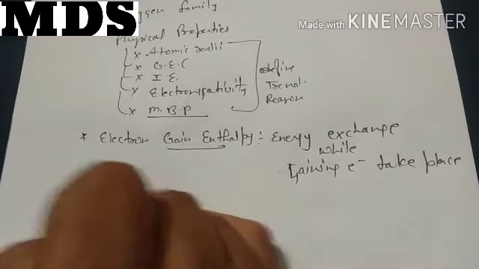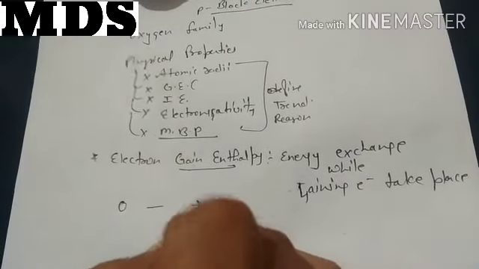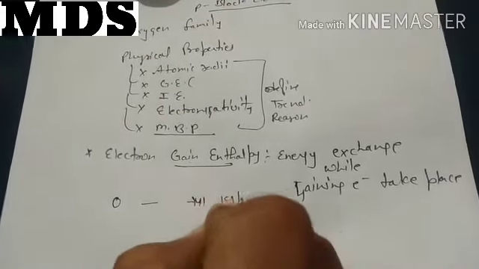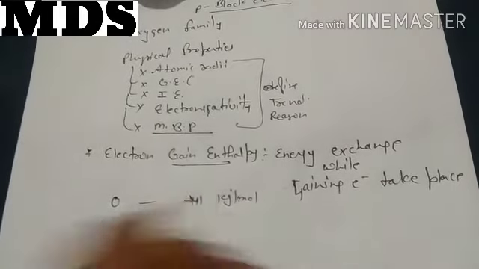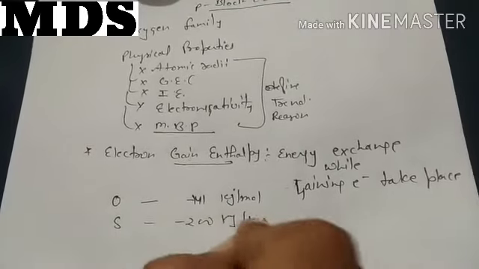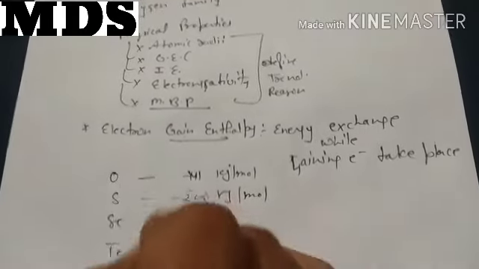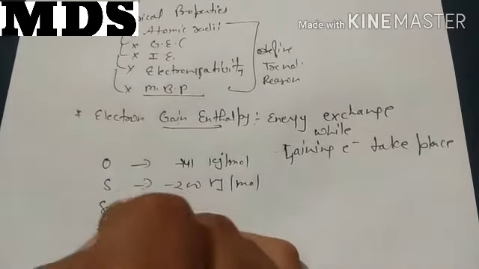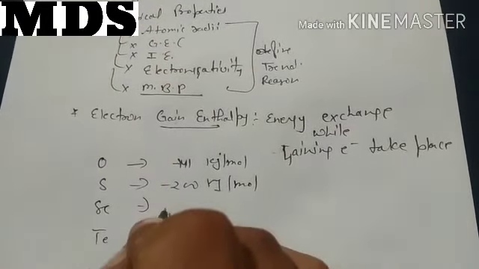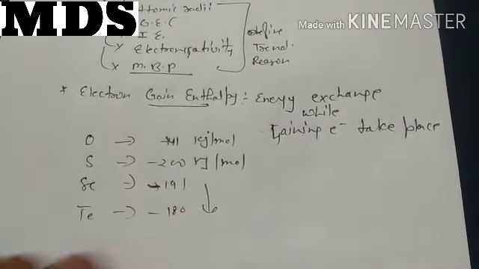The electron gain enthalpy is minus 141 kilojoule per mole for oxygen, then for sulfur it becomes minus 200 kilojoule per mole. Then further to selenium and tellurium it becomes less negative, meaning it starts decreasing, minus 191, then minus 180, in this trend.